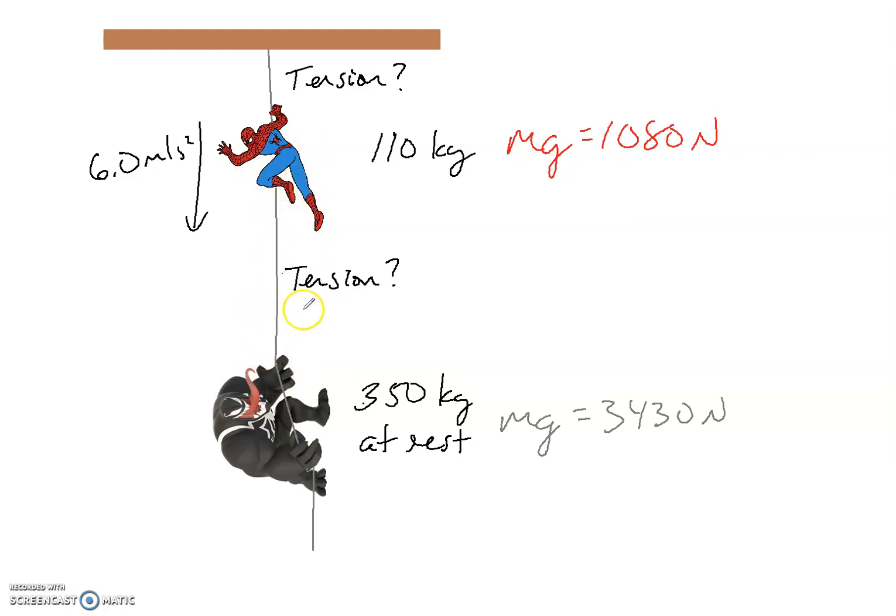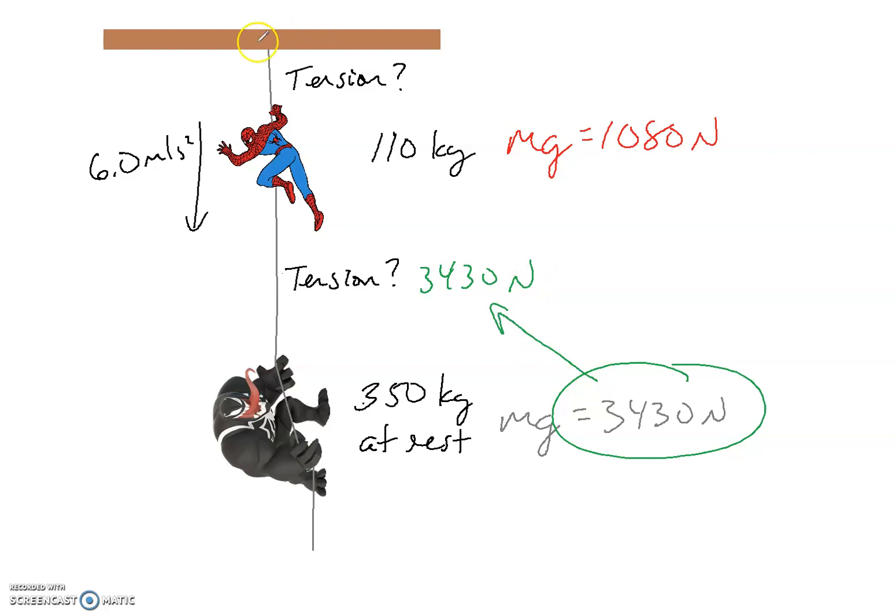Venom is just hanging on the rope, not moving up or down, not increasing or decreasing the tension, so his force of gravity supplies the tension in the web. For that bottom part, the tension would be the 3,430 newtons supplied by his force of gravity, and that's it.